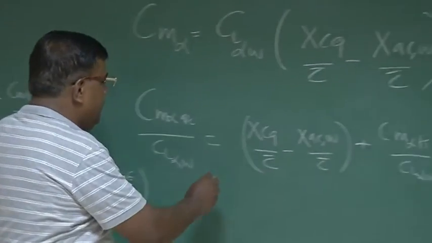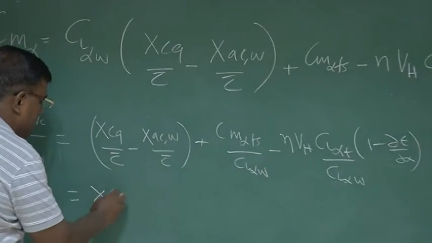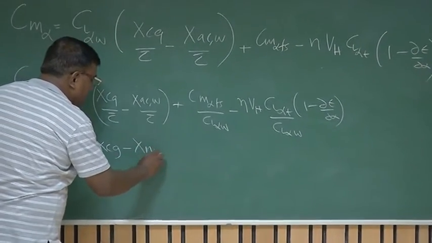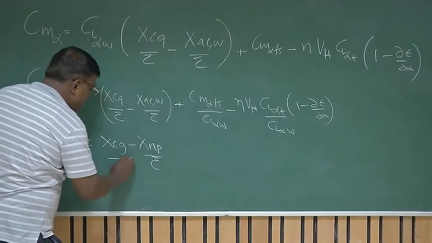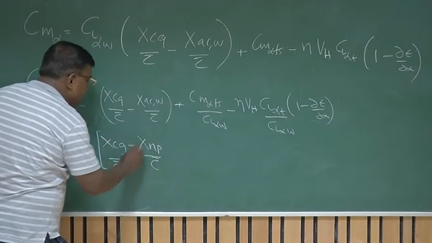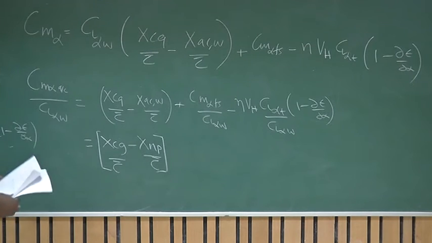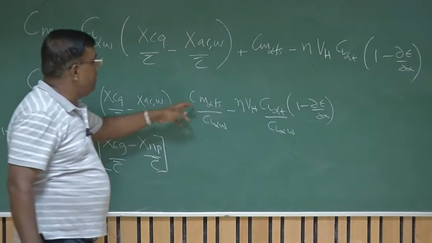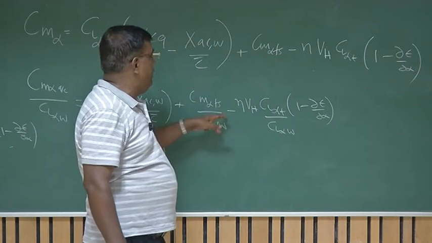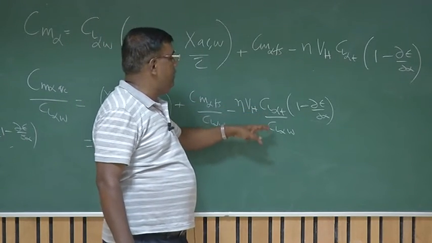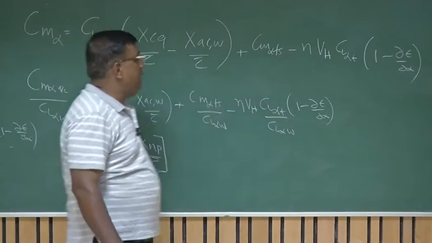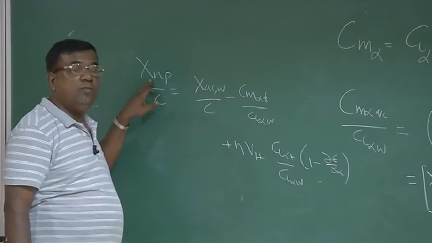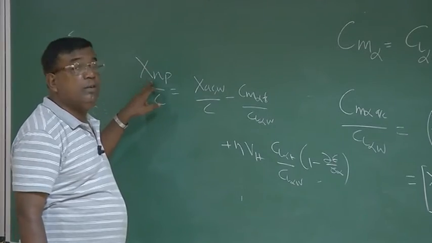If I just manipulate this, I can write this equal to xCG minus xNP. You could see, if I take the minus sign common here, then xAC wing minus Cm alpha fuselage by CL alpha wing plus eta VH CL alpha tail by CL alpha wing 1 minus d epsilon by d alpha, and that is nothing but xNP by c, the location of the neutral point.